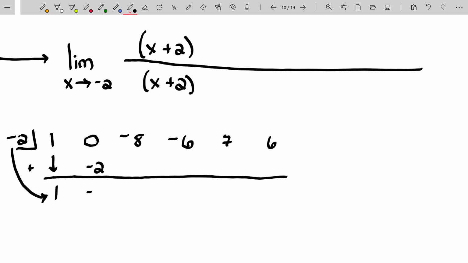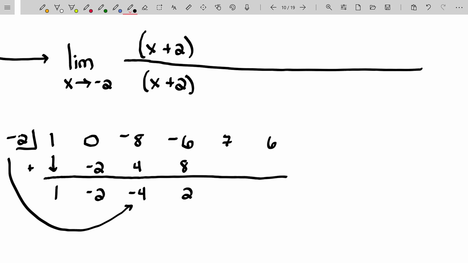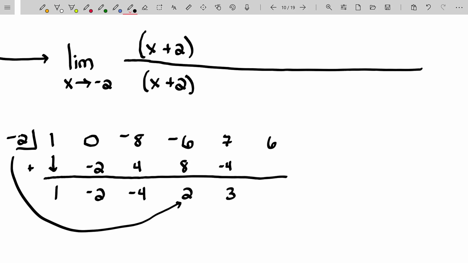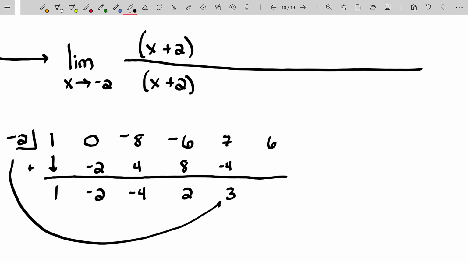Add 0 to negative 2, multiply negative 2 by negative 2, add down, multiply negative 2 by negative 4, add down, multiply negative 2 by 2, add down, multiply negative 2 by 3, and add down. We knew that remainder, because that's exactly what that last digit represents, is the numerator of the remainder. We knew that was going to be 0, so this is no big surprise.